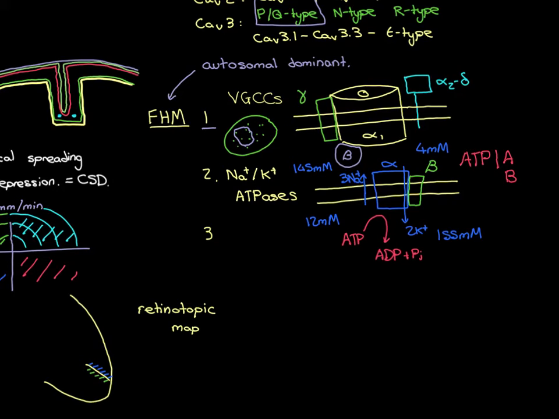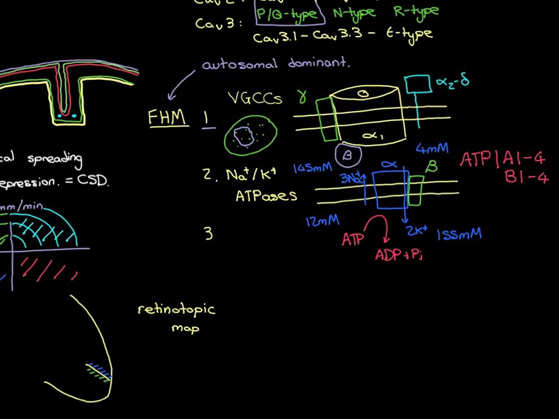A for genes for alpha subunits, B for genes for beta subunits, and then they're just called 1 to 4. So there is ATP1A1, ATP1A2, ATP1A3, and ATP1A4, which are the 4 different genes for alpha subunits of sodium-potassium ATPases. There are then ATP1B1 to 4 as well, which are the 4 different genes for the beta subunits.